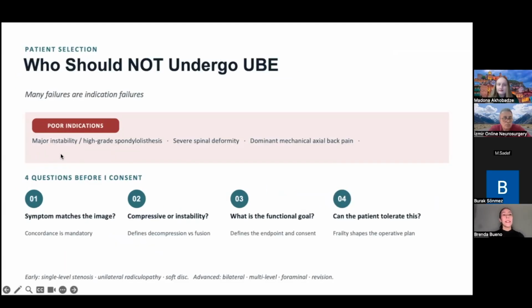Major instability and high-grade spondylolisthesis, because some endoscopic surgeons can do this with biportal. Severe deformity: if you need to correct deformity, maybe you use other minimally invasive techniques. But if it is only the compression, you use UBE. And the only absolute contraindication is mechanical axial back pain.